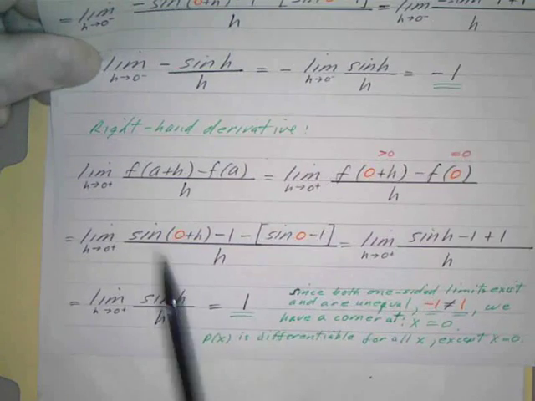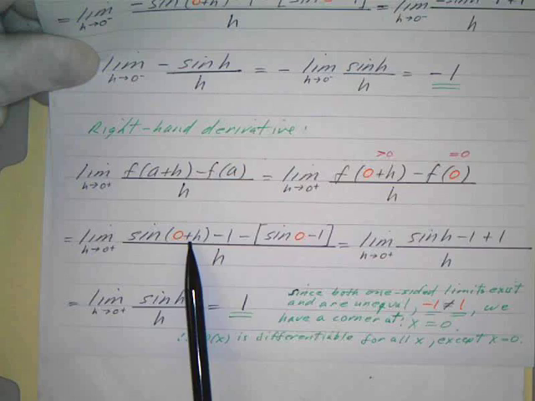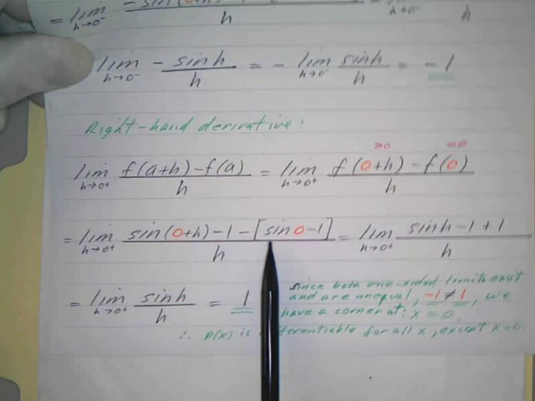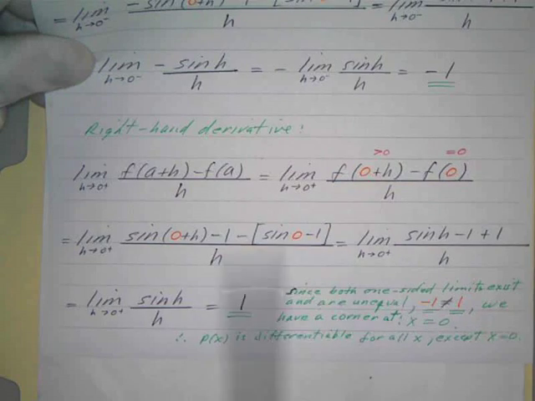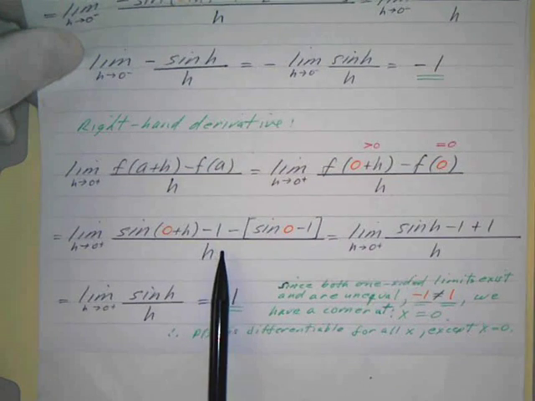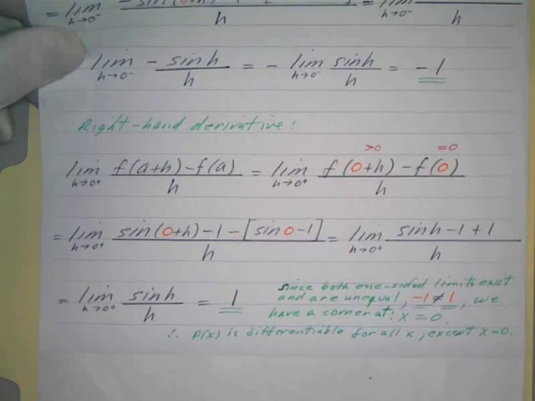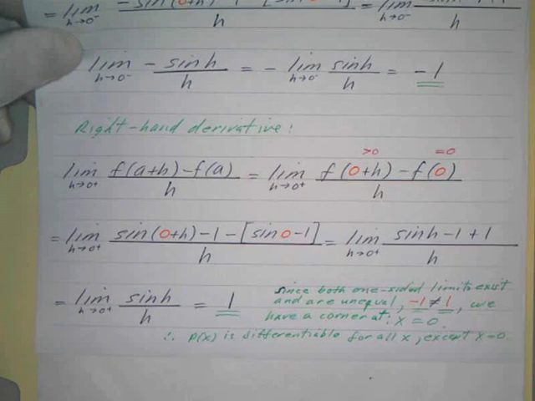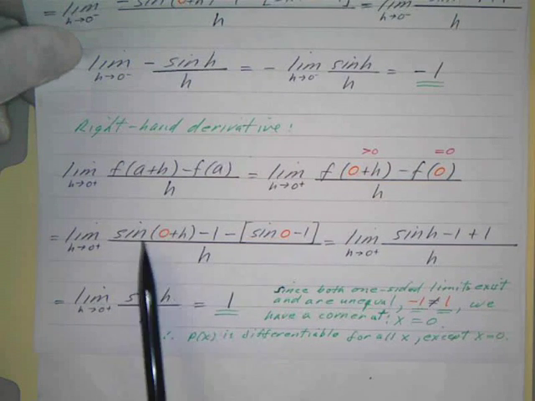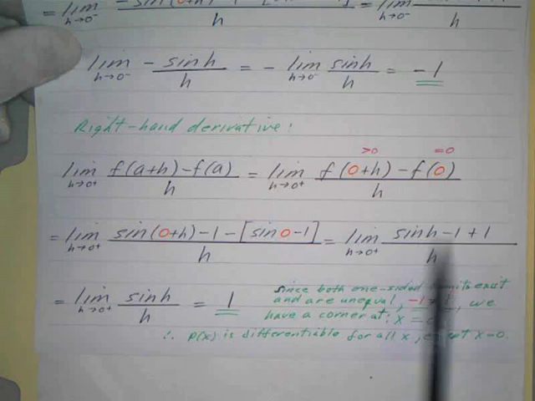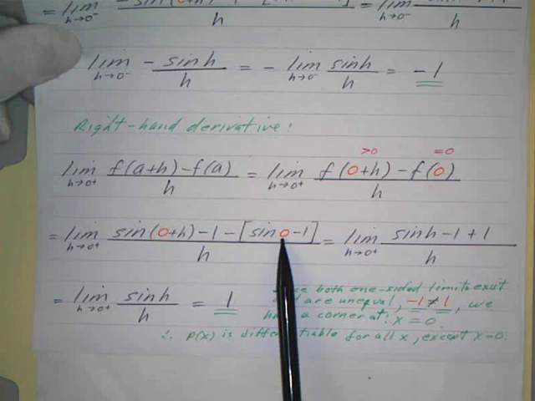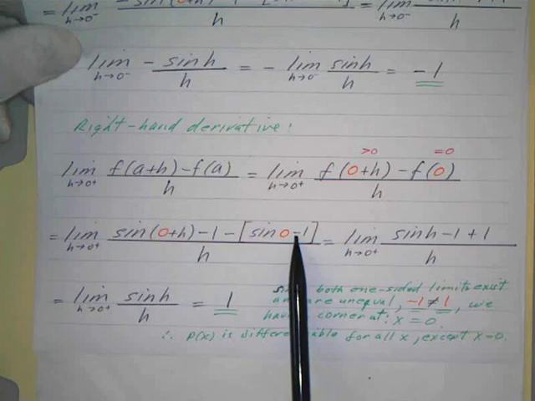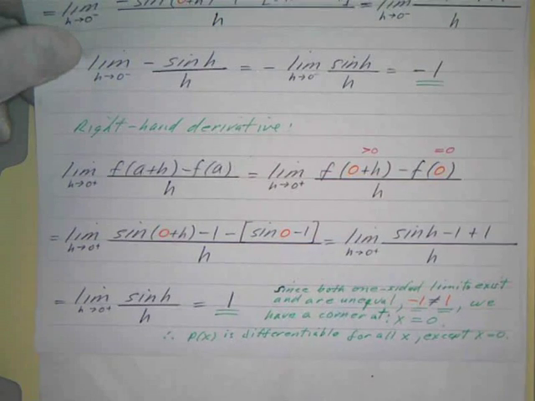That's going to be the sine of 0 plus h, minus 1, minus the sine of 0, minus 1. And remember, it's greater than 0, so we're using the sine function, not the negative. Then this just becomes the sine of h minus 1, and a negative times a negative is a positive 1.